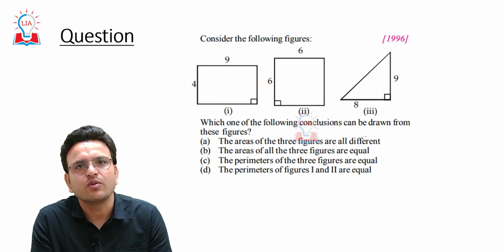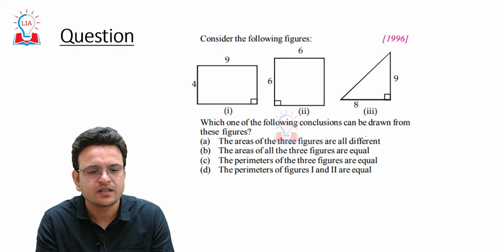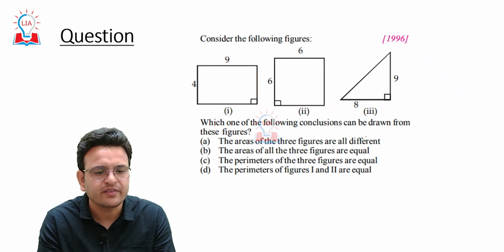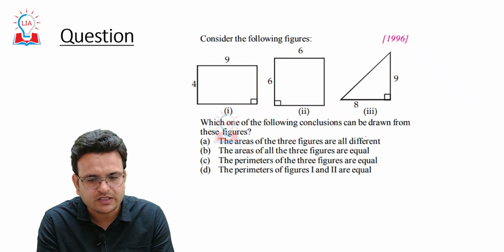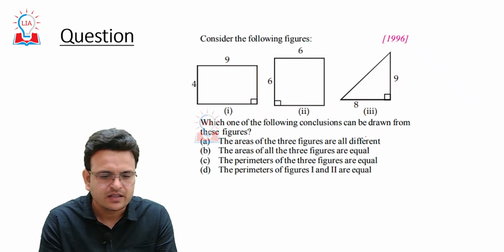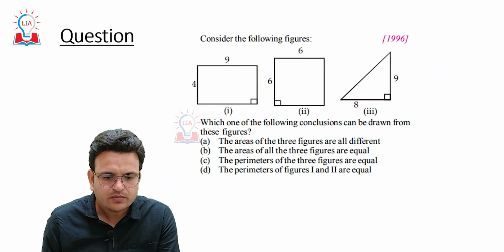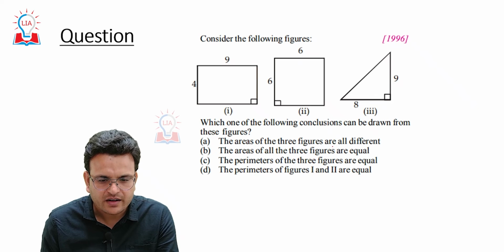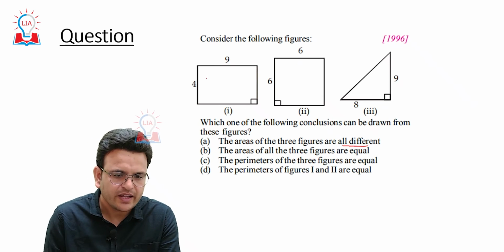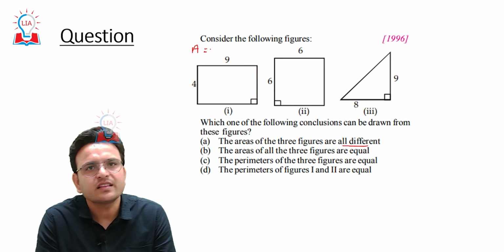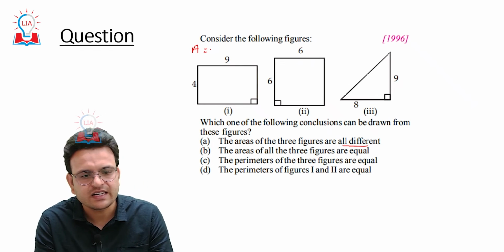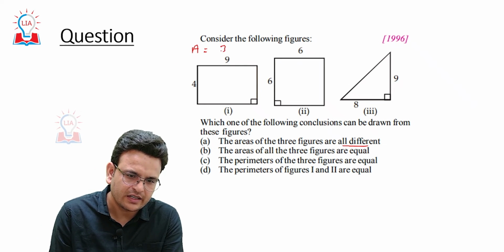Let's see one more. This is a very simple question, and here three figures are given. Which one of the following conclusions can be drawn from these figures? The area of the three figures are all different. So the area of this figure will be length into breadth, like a rectangle, so this is 36.